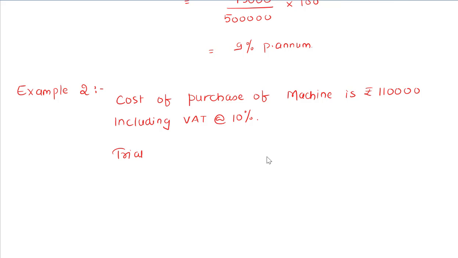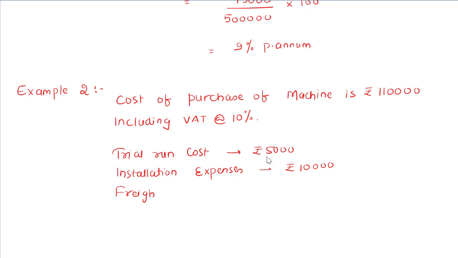Now there are some costs given over here. So just write: trial run cost equals 5,000. Installation expenses equals 10,000. Freight is 4,000.